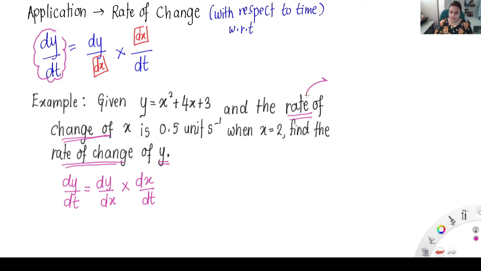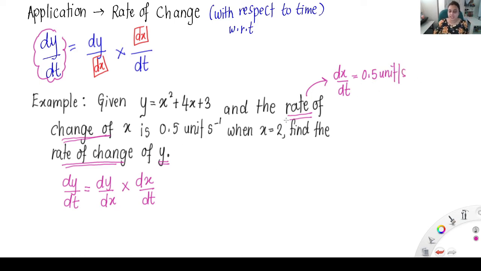So the rate of change of x is actually dx/dt, which means dx/dt is already given, which is 0.5 units per second.